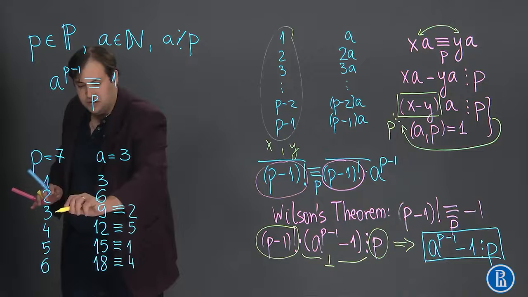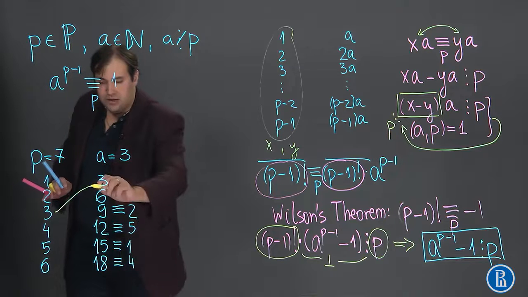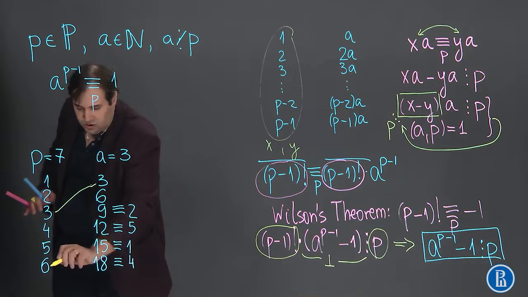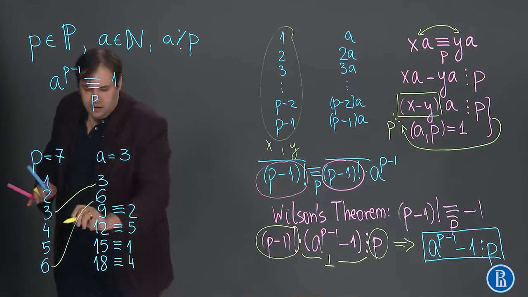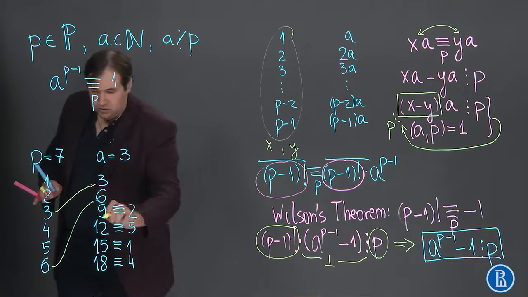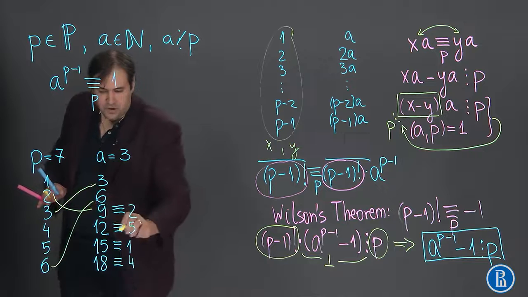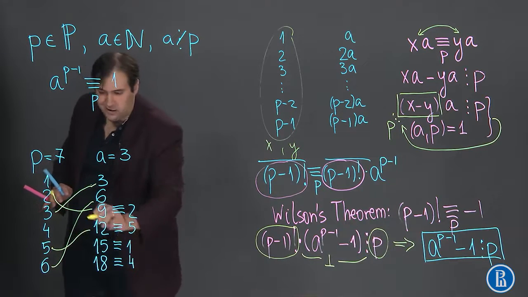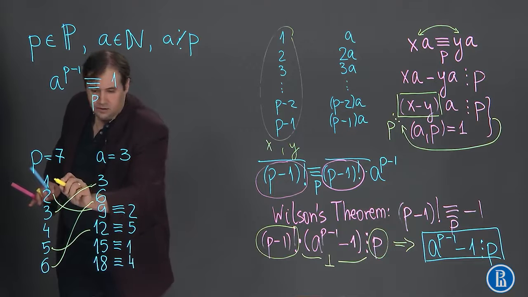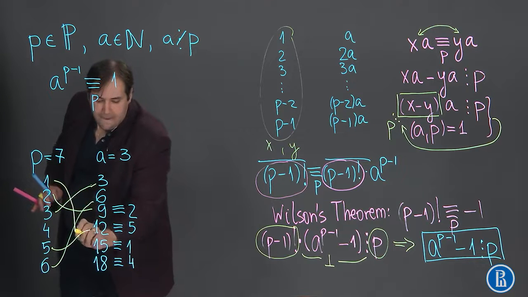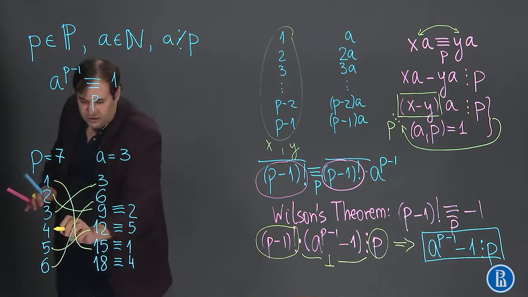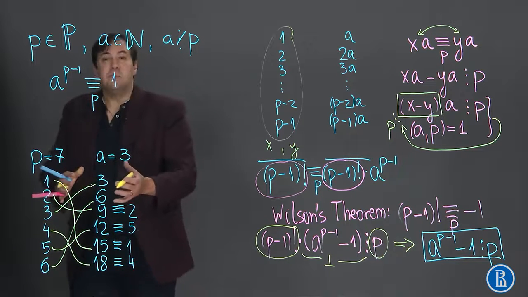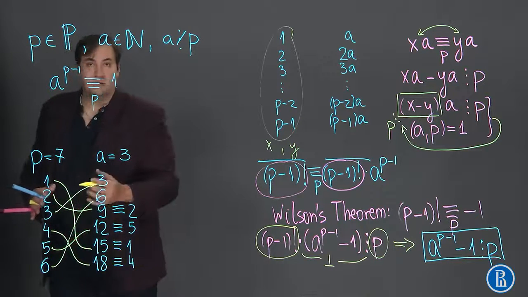Well, let me just connect them. 3 and 3, 6 over here, 9, which is actually 2, it's over here, 5 is over here, 1 is all the way up there, and finally 4 is over here. So we have actually a permutation of these remainders.